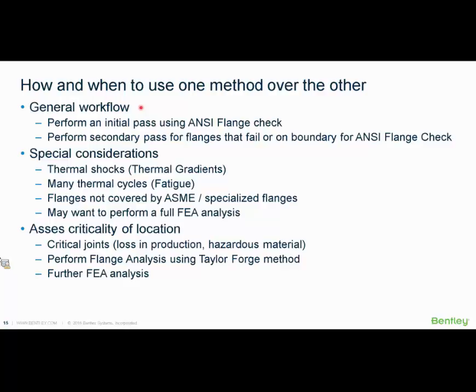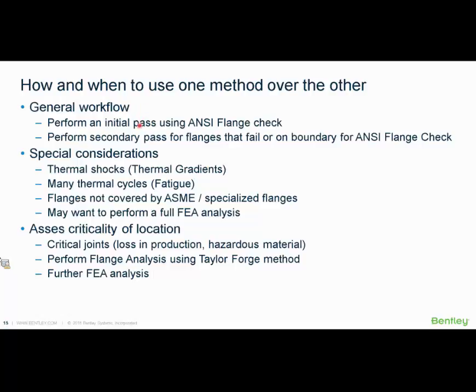And if you see some of the flanges failing, you can perform a secondary pass for flanges that fail, or are on the boundary condition for the ANSI flange check. That could be one way of going about it. There are also some special considerations that would require maybe more than the ANSI flange check or Taylor-Forge method.